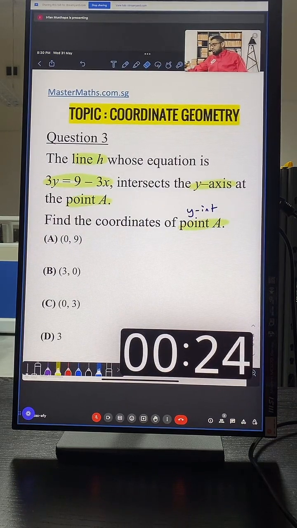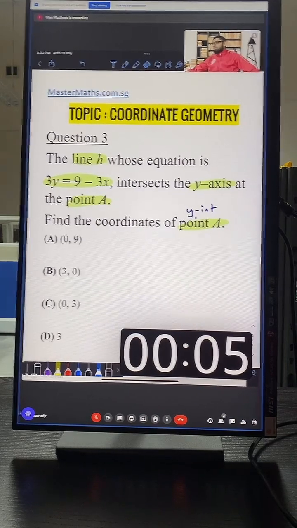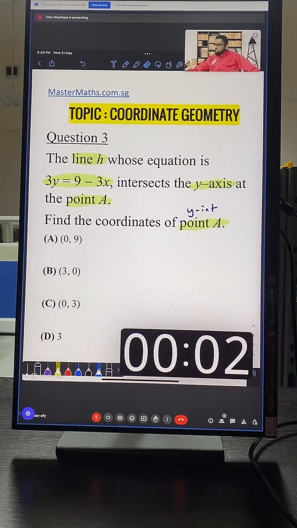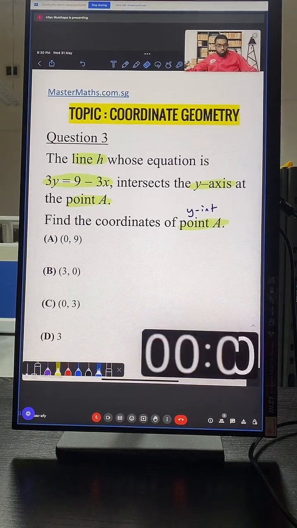Faye says C. Siska Tina says C as well. Wow, so many of you saying C, huh? Are you sure? Okay, Nur Akila, thank you very much. 10 seconds. Let's do a countdown, guys. Nora Matno says A is the answer. Okay, no problem. Let's discuss in a while. 5, 4, 3, 2, and let's go.